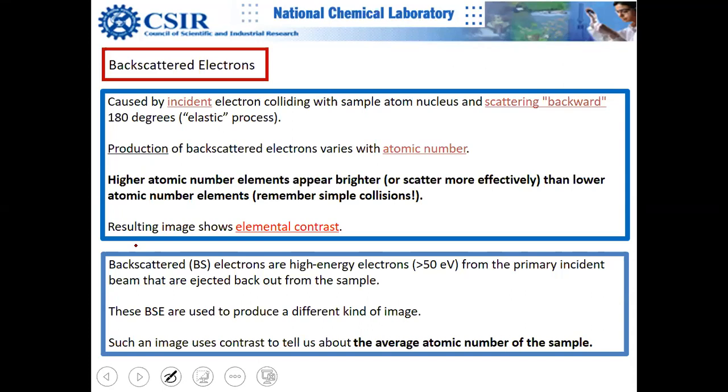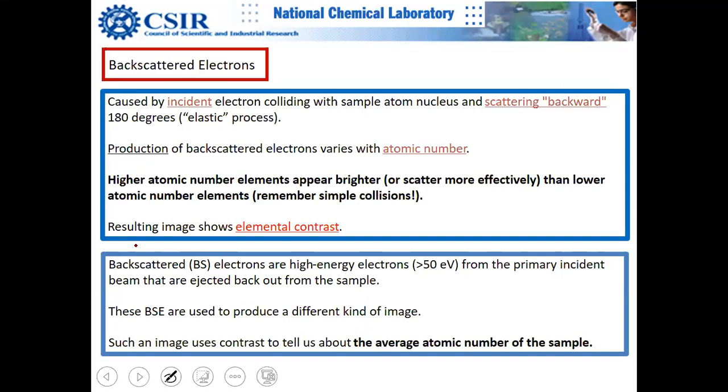So for example, if you compare a secondary electron image and a backscatter electron image, obviously there will be three immediate differences. Backscatter electrons will carry information about composition. On the other hand, a secondary electron image will carry information about topography.